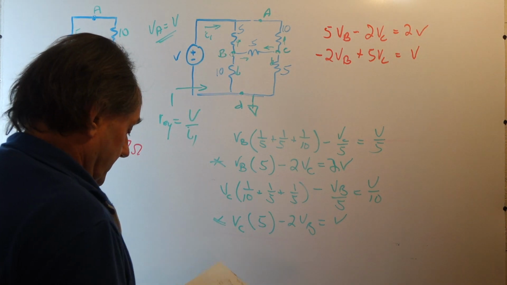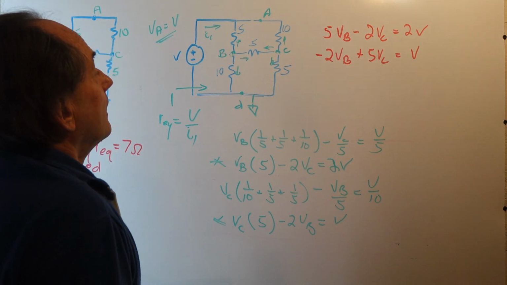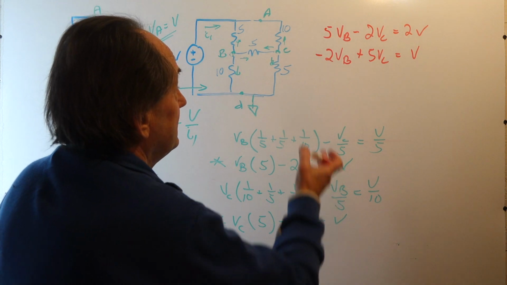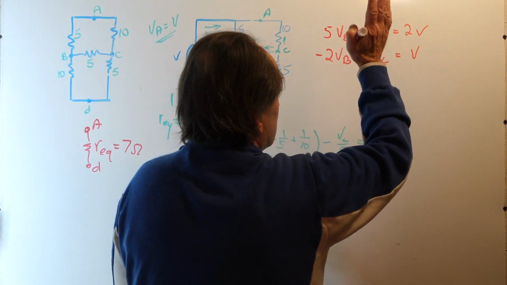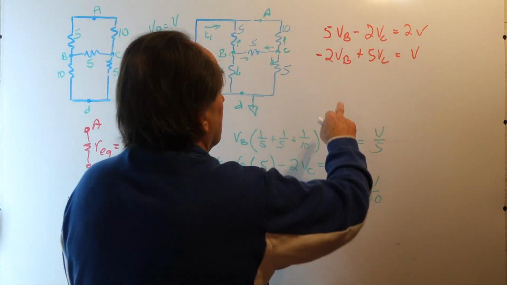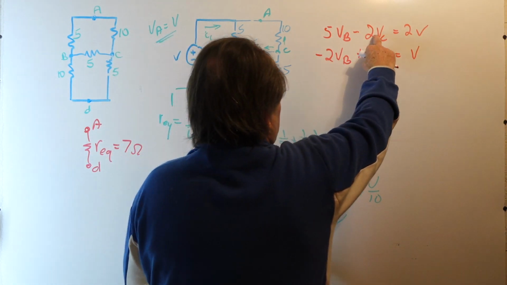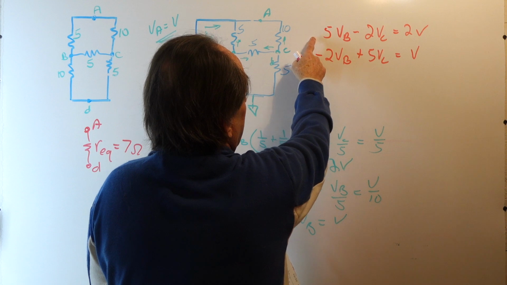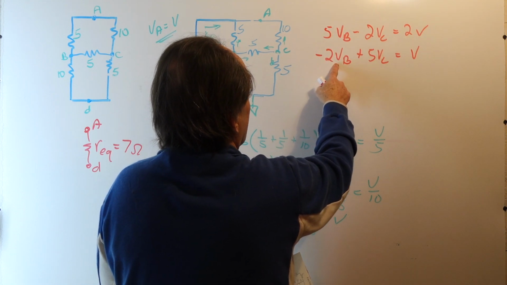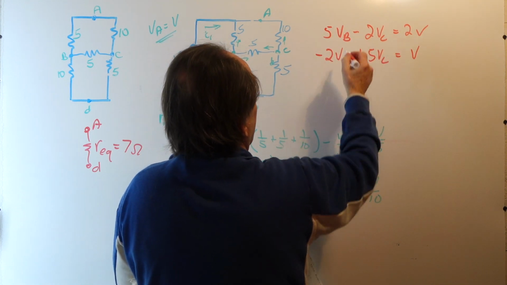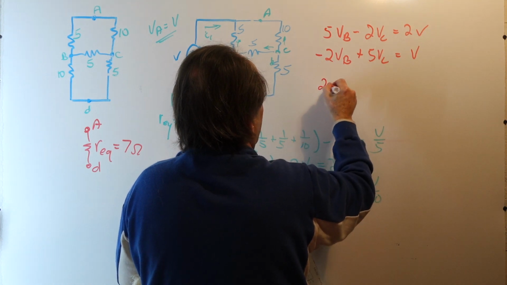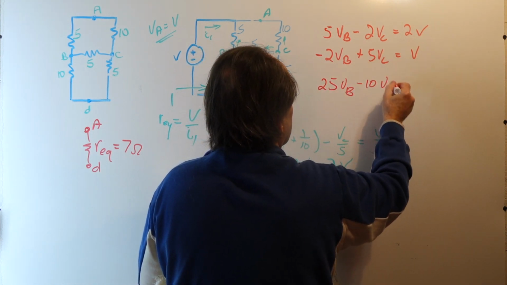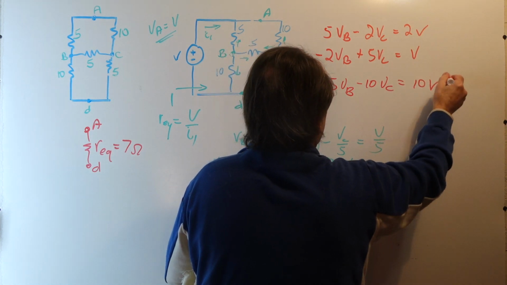Now, we want to either eliminate VB or VC, it doesn't matter which one. Let's just first eliminate the VC. So I'll multiply this equation by 5 and add it to twice this equation. This equation multiplied by 5 is 25 VB minus 10 VC is equal to 10V.